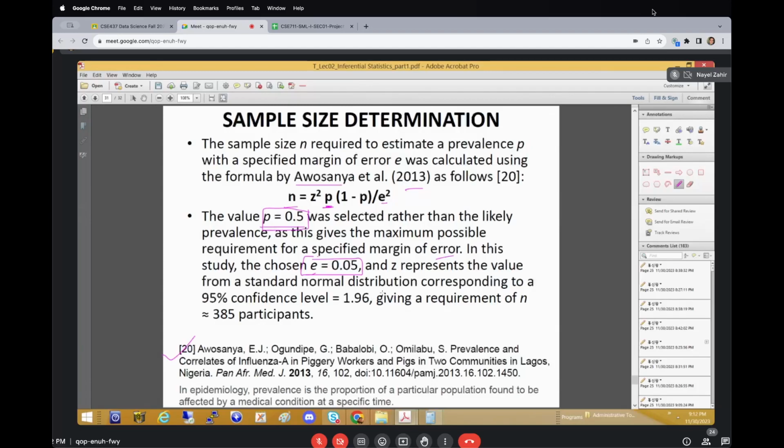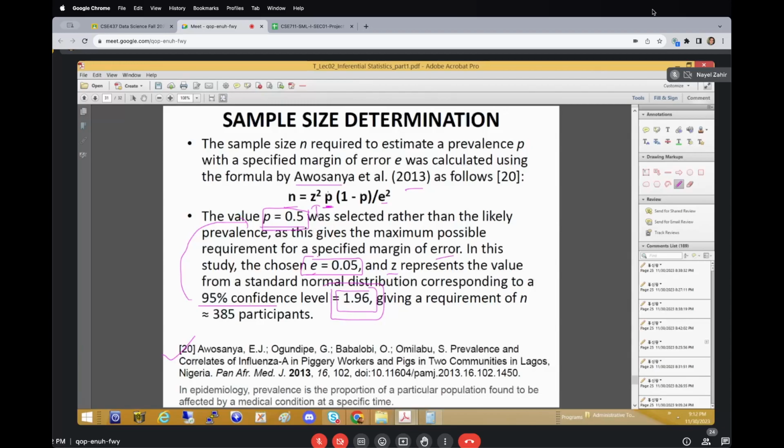And G represents the value from the standard normal distribution corresponding to our 95% confidence level, which is 1.96. This is from the table. If we consider 95% confidence, because the p value is 0.5, then from the G table we get 1.96.